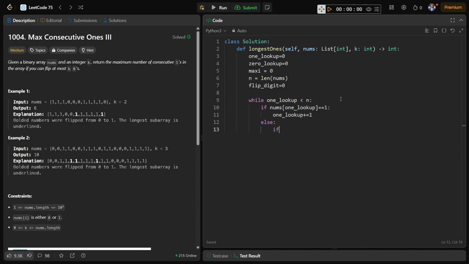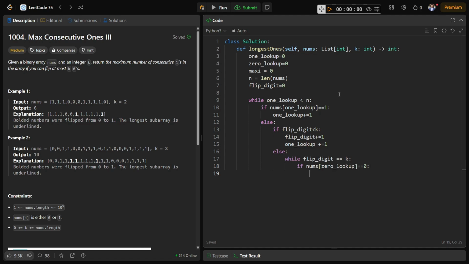Else, if flip digit is less than k, we will increment flip digit because we are on a 0 value, right? So we will increment the flip digit, and we'll also increment the one lookup. If flip digit is more than k or equals to k, then while flip digit is equal to k, and if nums of zero lookup is 0, right?